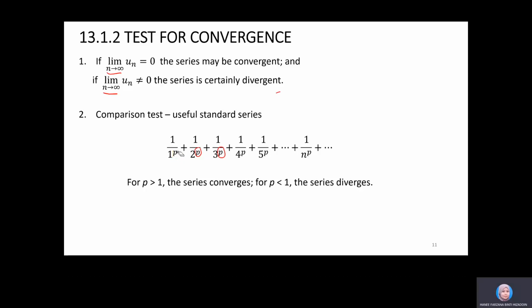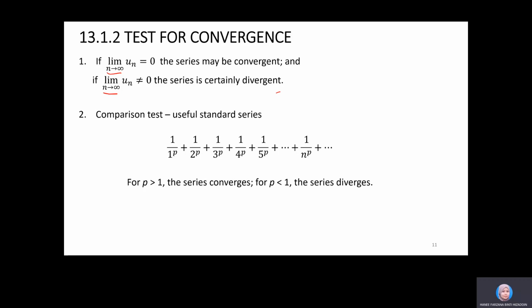For P greater than 1, the series will certainly converge because 1 divided by something raised to the power of greater than 1 means the denominator in all of these terms will be larger than 1. So when you add them, it will converge to a certain value.